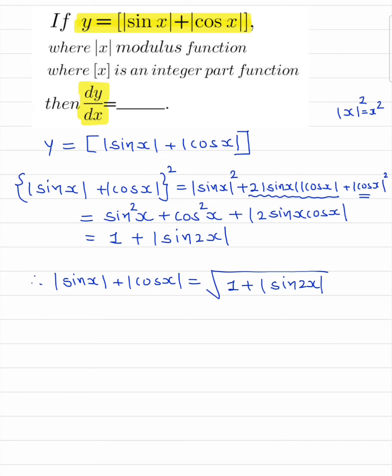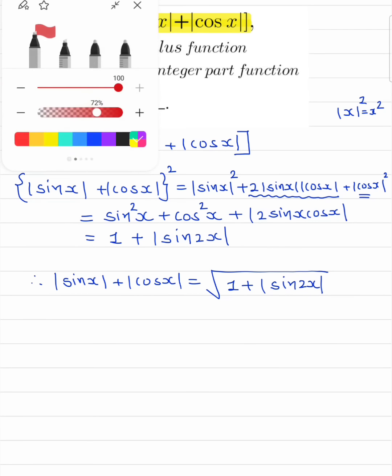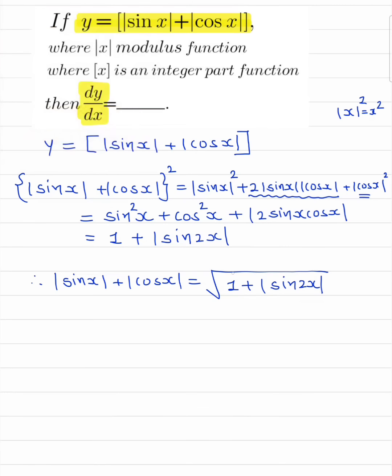But we need to find the box of this function. For that we need to find the range of this function. So we know that mod sin 2x lies between 0 to 1.